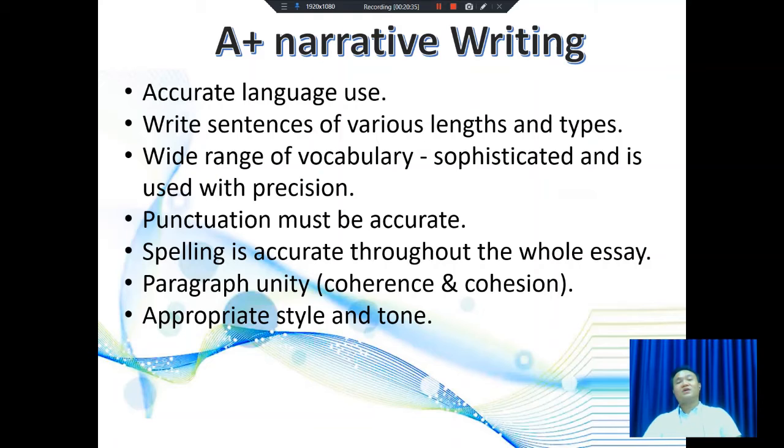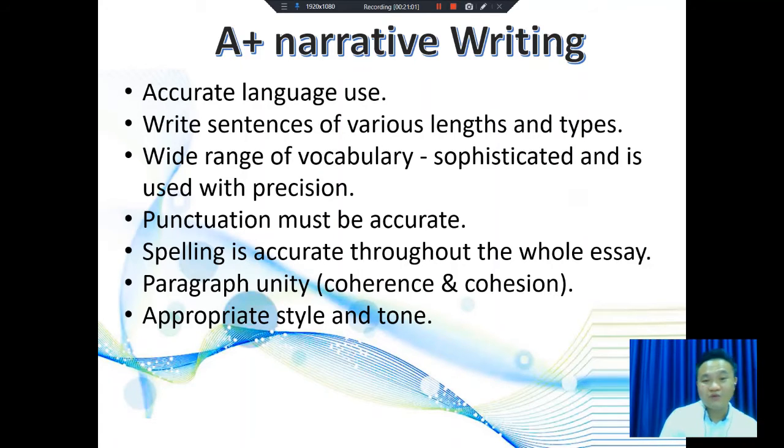Now, to break down all the things that we have seen just now, it means that you have to use accurate language. When you write your essay, make sure you use sentences of various lengths and types, and this will be discussed later as well. I will show you a few examples on how to produce sentences of various lengths and types.